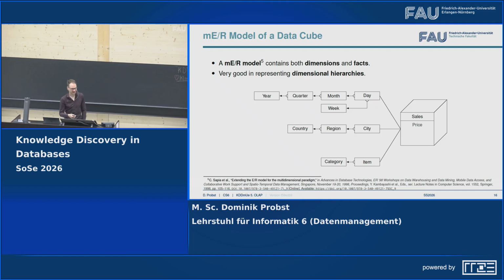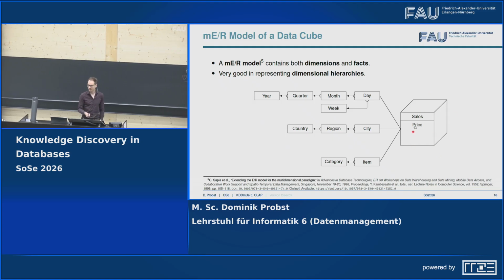Let's count. Well, we still need a table for the fact table. 1. Then we need 1 table per granularity step. So 1, 2, 3, 4, 5, 6, 7, 8, 9, 10, 11. So 11, with the most raised hands, was the correct answer.